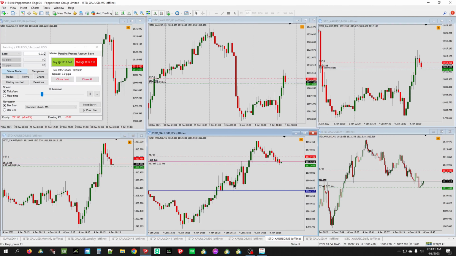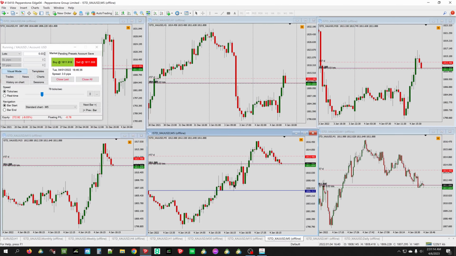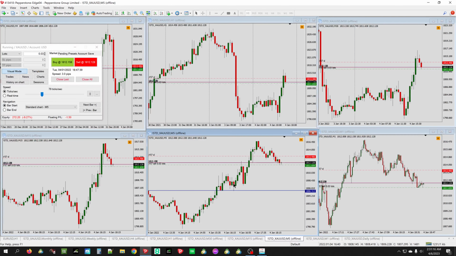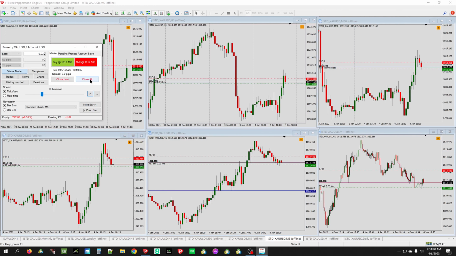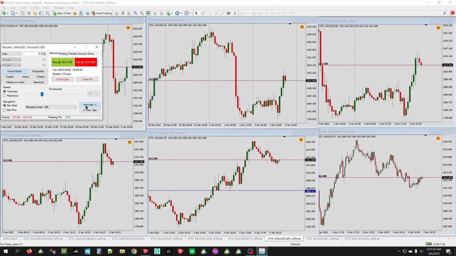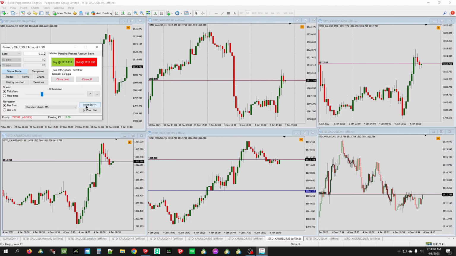Yeah, there is little to no probability for this trade to work out. I knew that I should close this and move to the next candle.